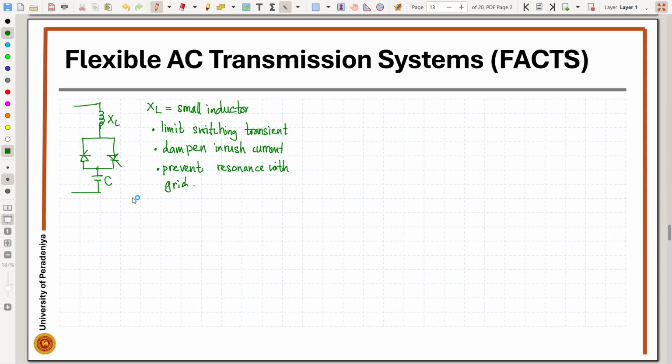If you want to have a three-phase one, you can connect it in delta arrangement. And usually we would have multiple thyristor switch capacitors connected in parallel.